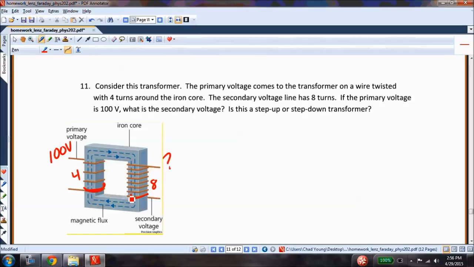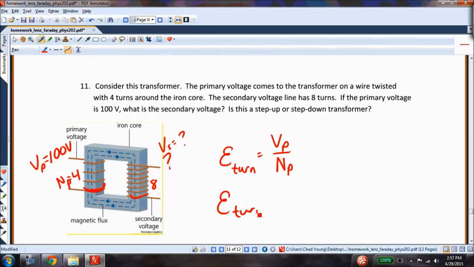So if this is my primary voltage, I'll call this VP, and over here this is going to be my secondary voltage. I can describe the EMF of a single turn of wire as either VP over NP, where NP is the number of turns of wire right here, or the turn of wire can also be VS over NS, where this is NS.